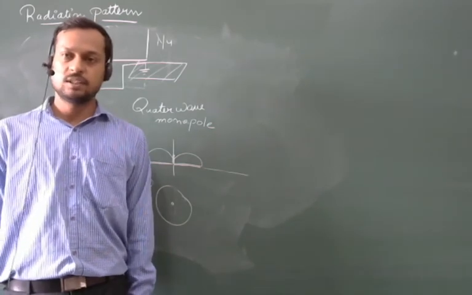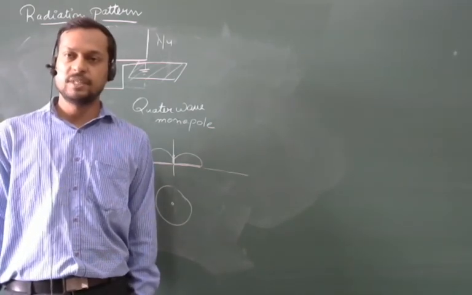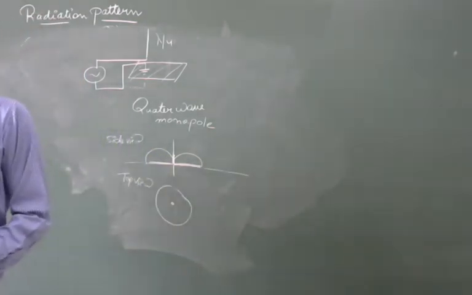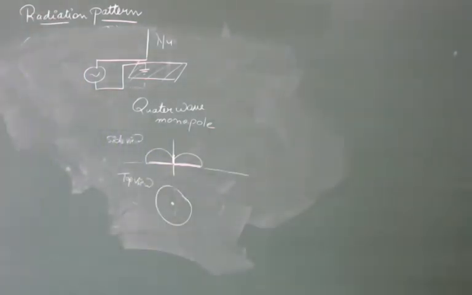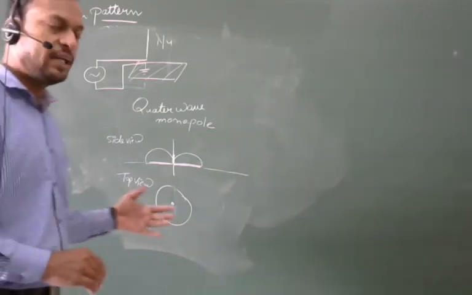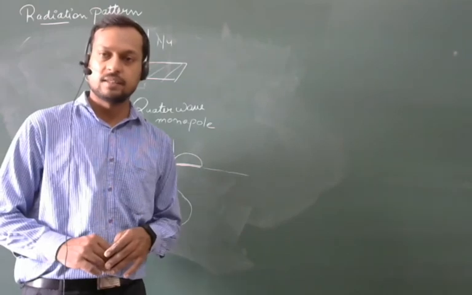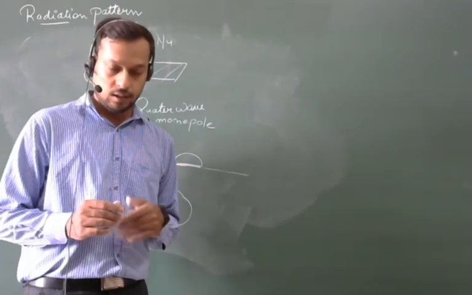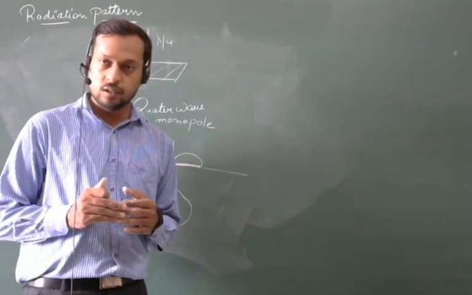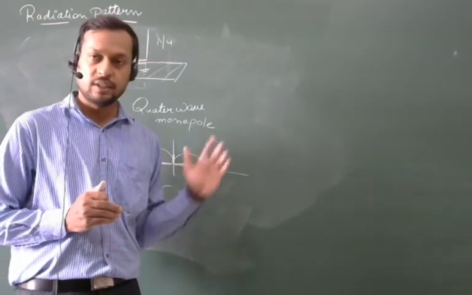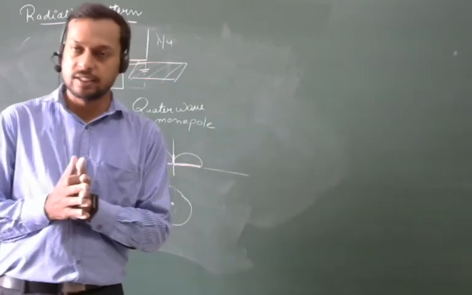So this is something like the radiation pattern of the basic dipole antennas. And according to this, we will discuss some more antenna parameters using this radiation pattern. This is the isotropic antenna, which radiates equally in all directions.